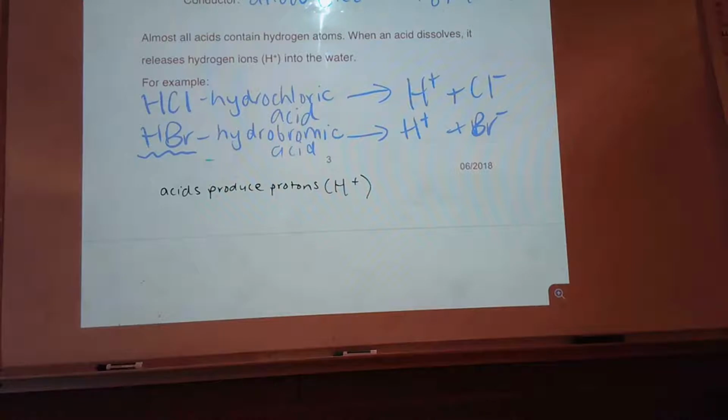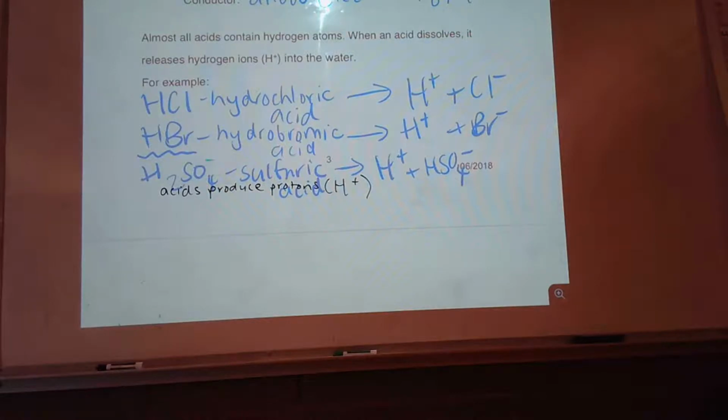And we were talking about battery acid, so it actually has that formula. We call this sulfuric acid. Okay, and sulfuric acid, if you notice, it has two H's.